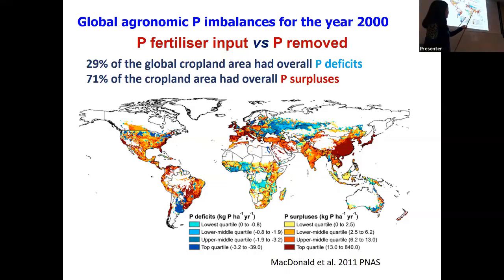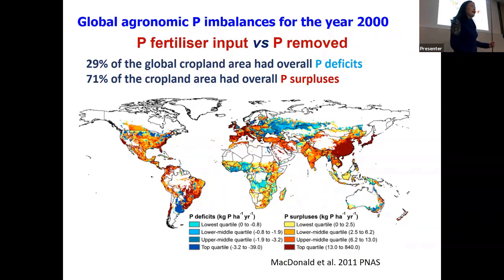In a very large area, for example, most of Europe, Southern Asia, most of North America, and a large part of South America, a lot of field paddocks already have over-accumulated phosphorus.